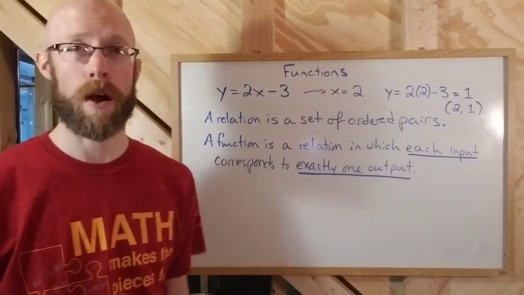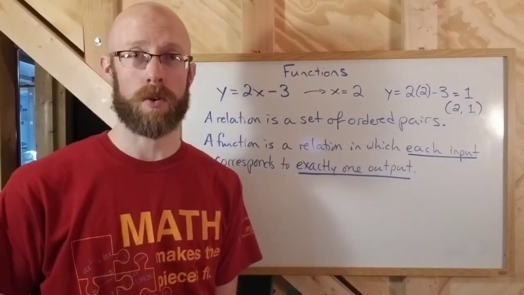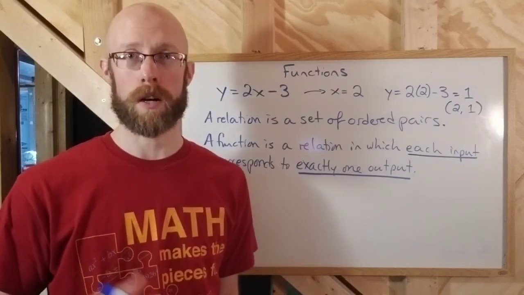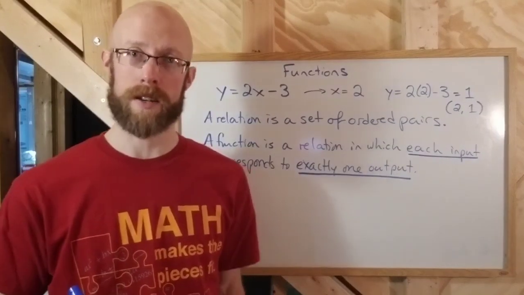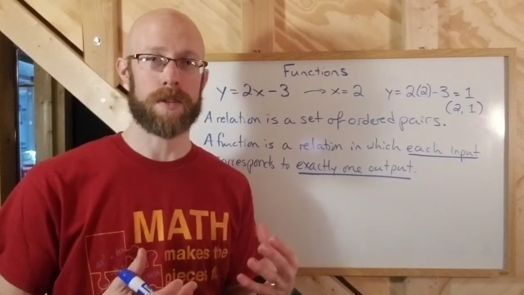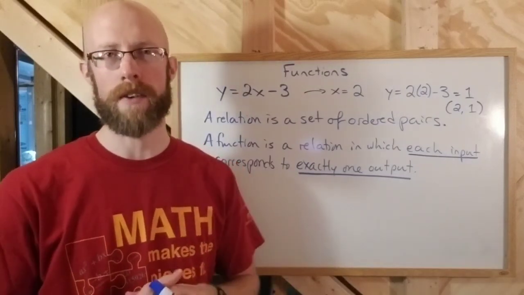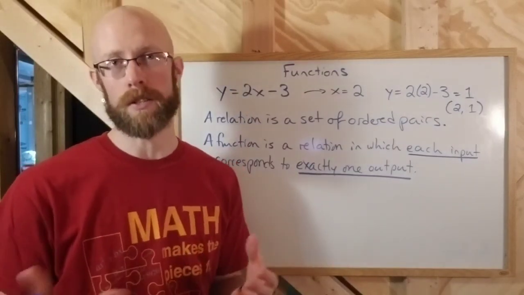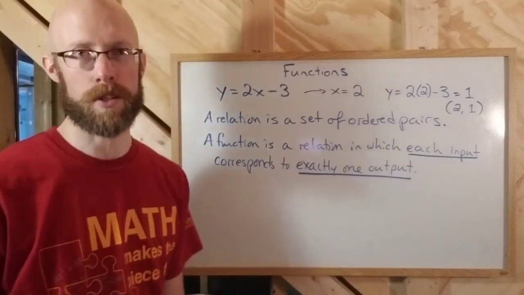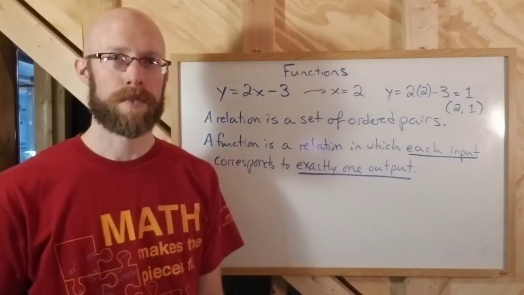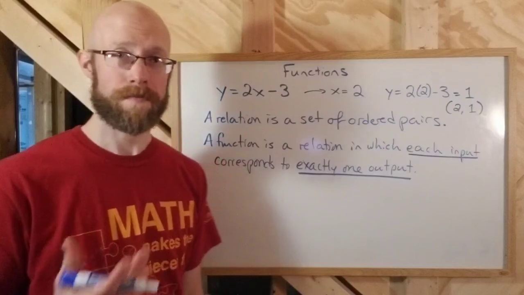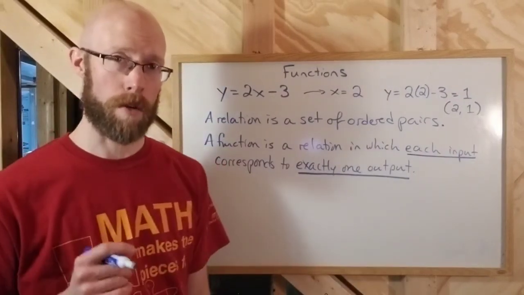And functions are primarily what we're going to study in this course. With some exceptions, we'll talk about conic sections later on in the class, circles and ellipses and hyperbolas, where we don't have functions, we have relations. And we'll talk about those. They're very special relations too, ones that are pretty easy to work with. But functions are going to be our primary focus.